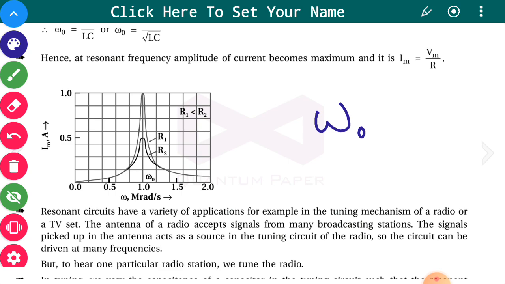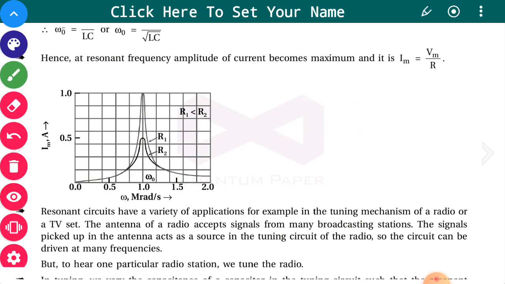If this ratio omega upon omega 0 is equal to 1, try to understand, the natural frequency of the circuit and the applied frequency are the same, then the ratio becomes 1. Whenever the applied frequency and the natural frequency of the circuit are the same, at that time the current becomes maximum, and this phenomenon is called resonance.